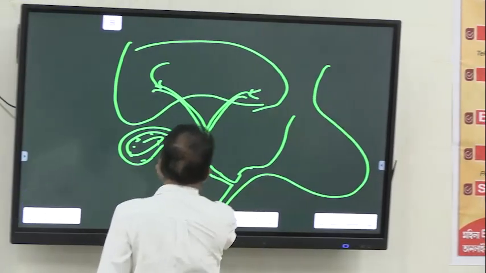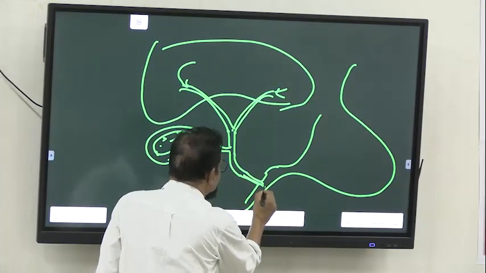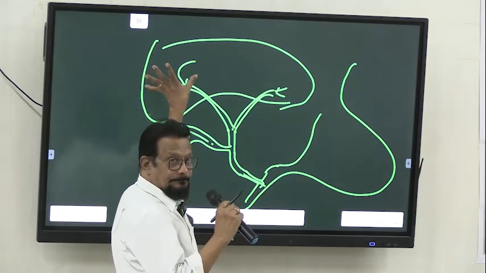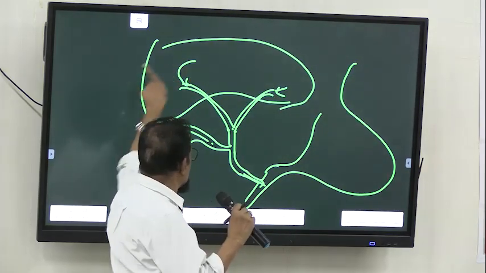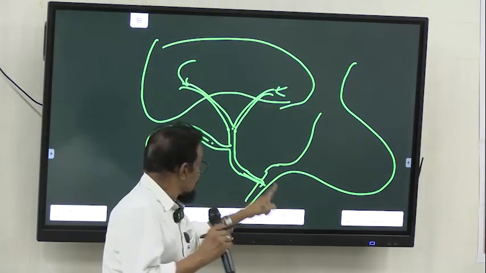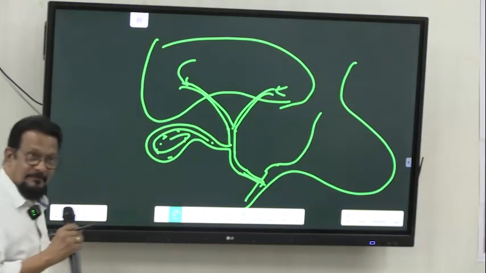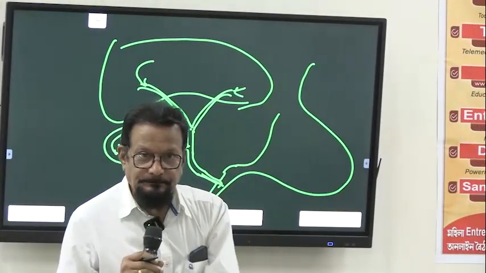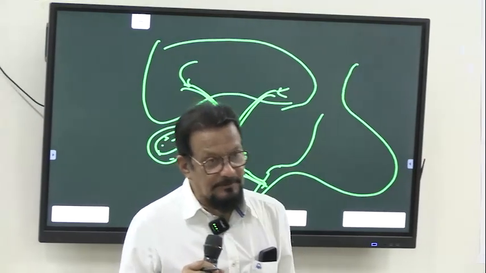So this will be released here. So ultimately, conjugated bilirubin is coming here. So it will pass and face the bacteria in the intestinal mucosa.